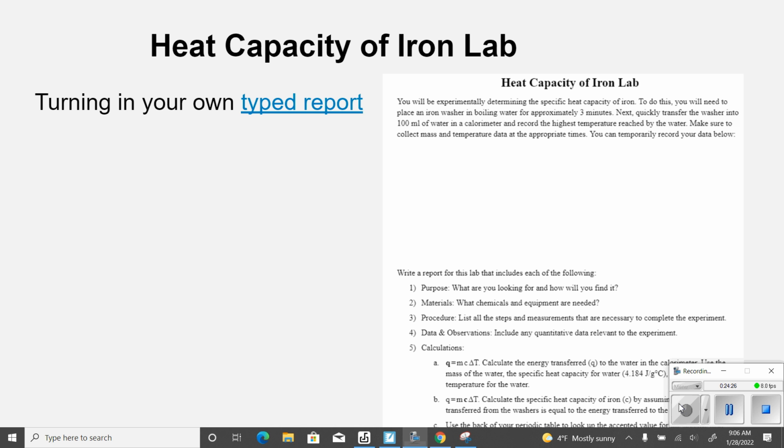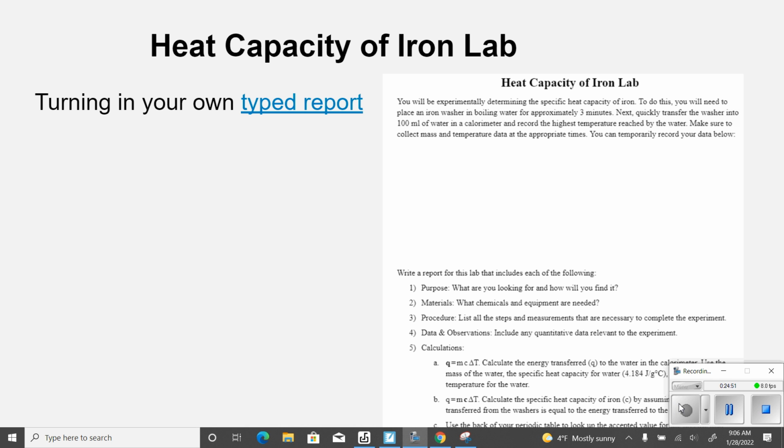You turn to the back of your packet, it should have the heat capacity of iron lab. So let's all look at that for a minute here. If I read the very top, it says you'll be experimentally determining the heat capacity of iron. To do this, you will need to place an iron washer in boiling water for approximately 3 minutes.